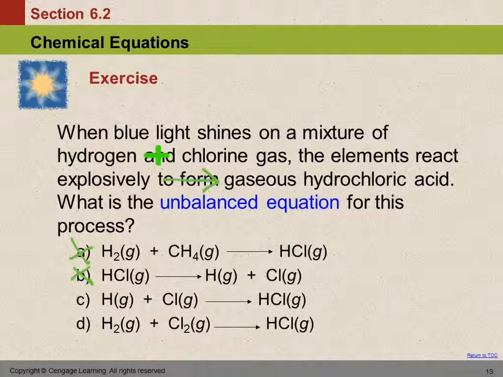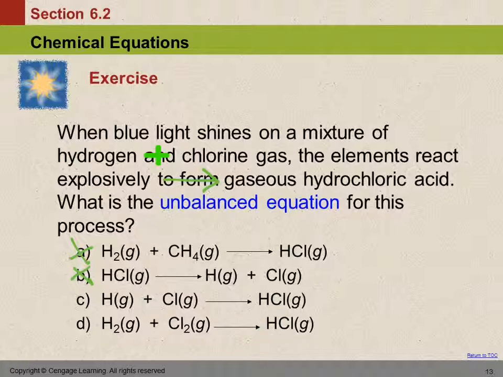Let's look at the product. We've learned how to name and write formulas now. Hydrochloric acid. That's a binary acid. It's got hydrogen and chlorine. Chlorine from the periodic table we see has a -1 charge, and so the formula for that is HCl. So both of these are HCl, and that's correct.